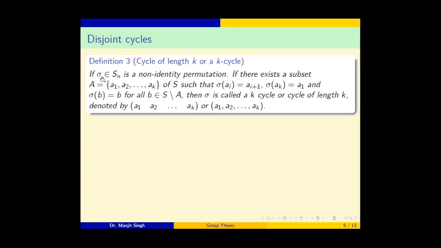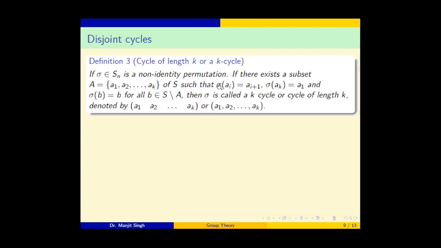So sigma, if sigma belongs to Sn, is a non-identity permutation if there exists a subset A of S such that sigma(ai) equals a(i+1) and sigma(ak) equals a1.